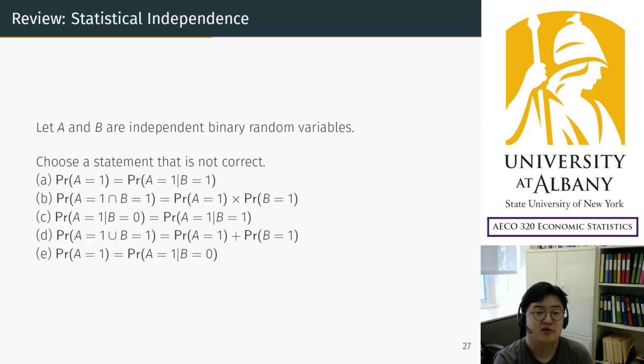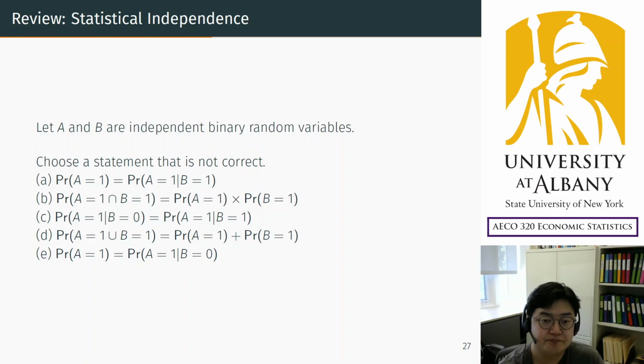It's a review. Suppose that A and B are independent binary random variables. Choose an incorrect statement, not correct. Remember the definition or the properties of independence we learned in chapter 2.